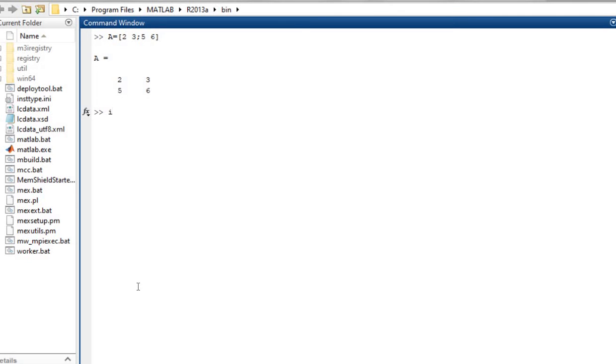B equals, having two equations, so therefore we take 2 rows, single column, 3, 5.